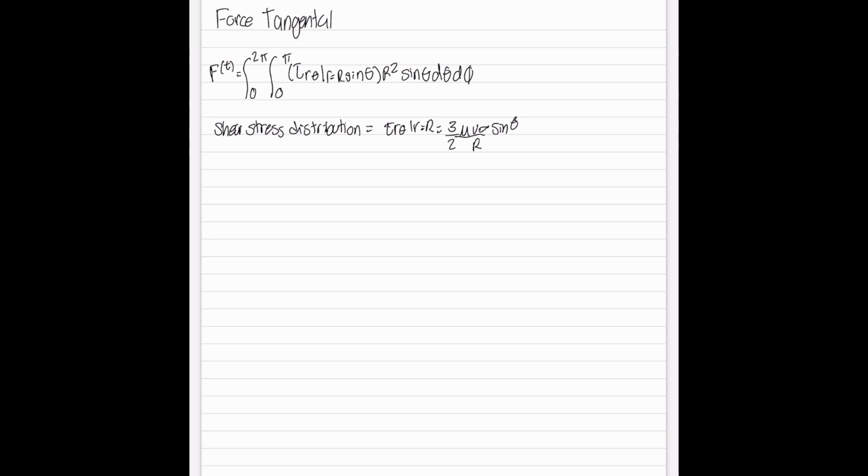Now we have to substitute this into the integral and solve. And we will not show those steps, but when you solve it, you get force tangentially equals 4 pi mu big R times v infinity.